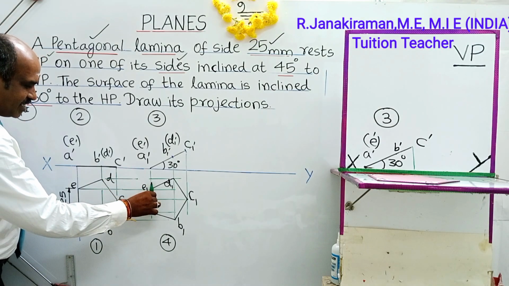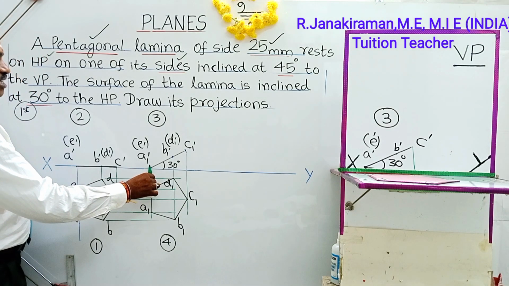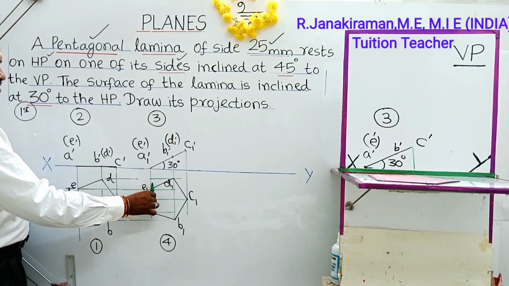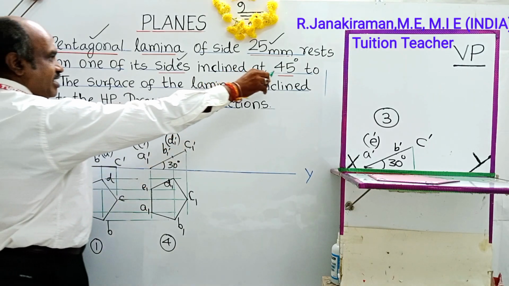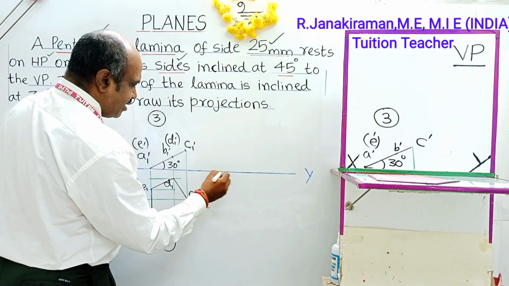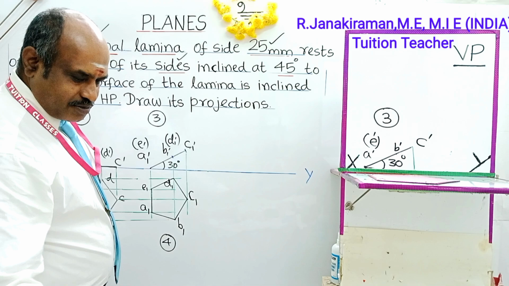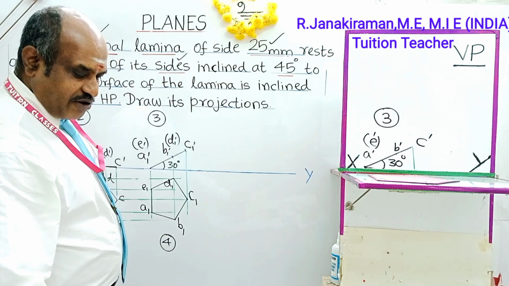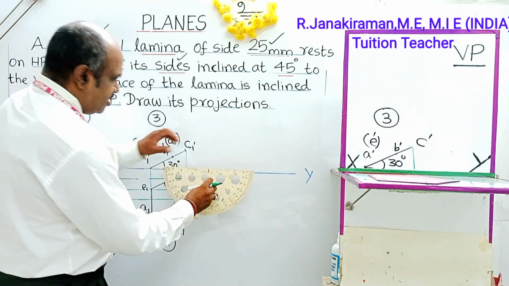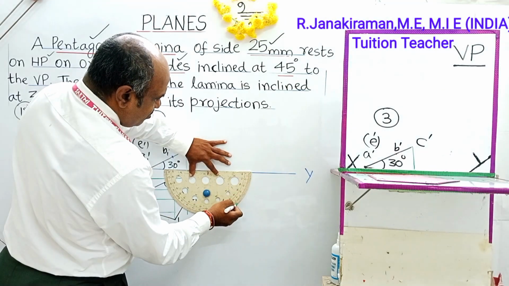This A is the resting side. Instead of being perpendicular, I got to tilt this resting side to an angle of 45 degree to the VP. VP inclined means that angle will always come below the XY line. So locate one point on the XY line. Mark one 45 degree inclined line. Inclined to VP will always come below the XY line based on straight line concept.